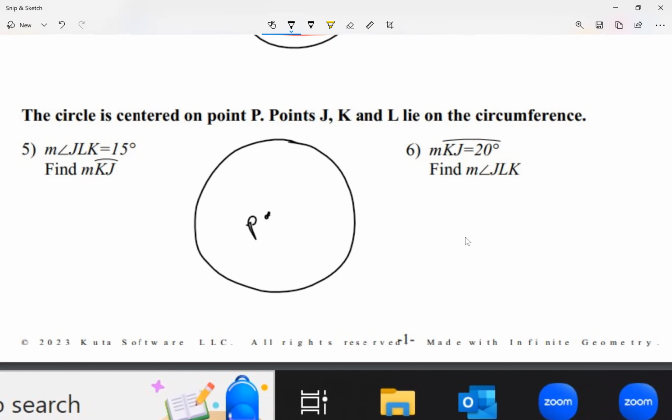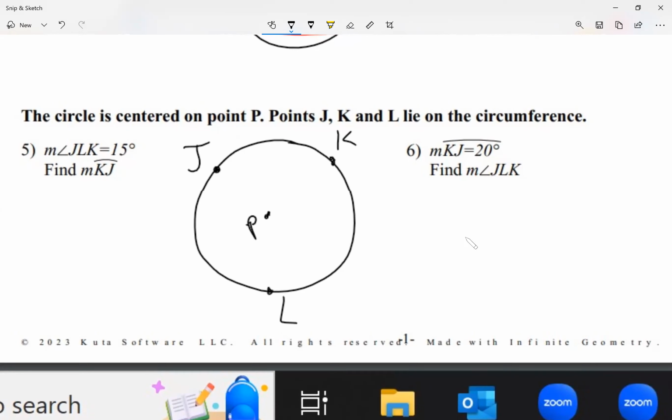So let's just say here's point J, here's point K, and let's say here, this point L. For your homework, I will give you the figure, but right now I had to graph it, okay? So let me use red.